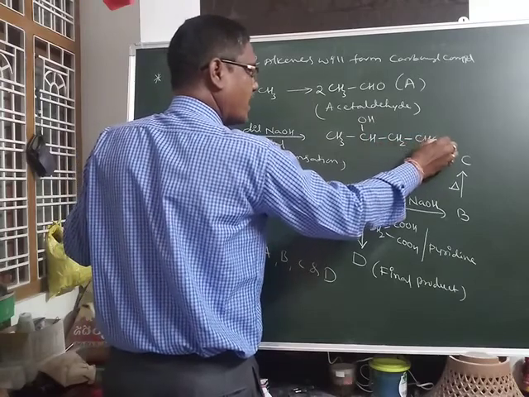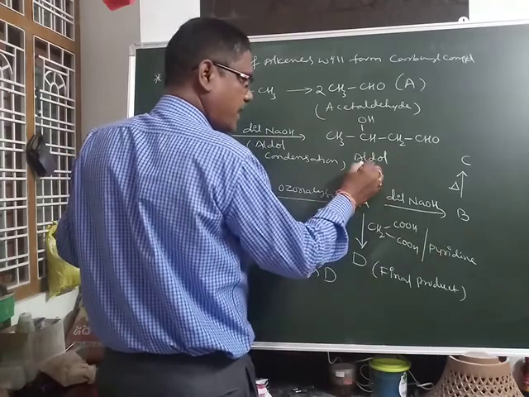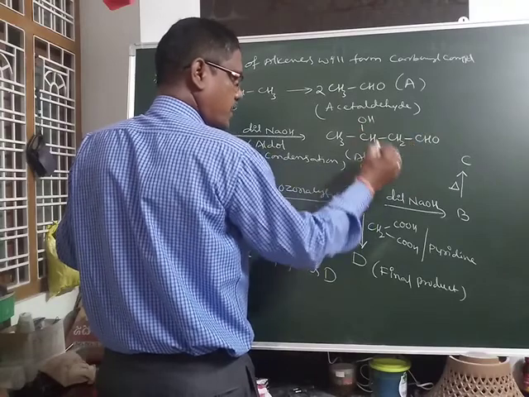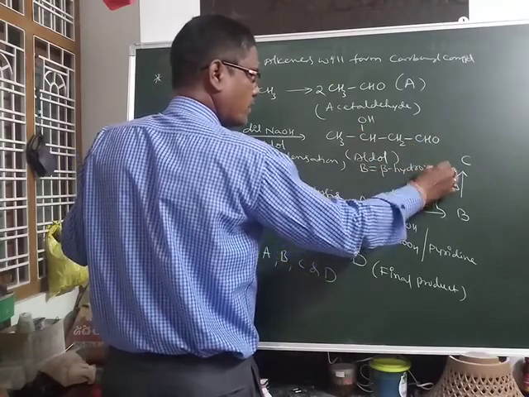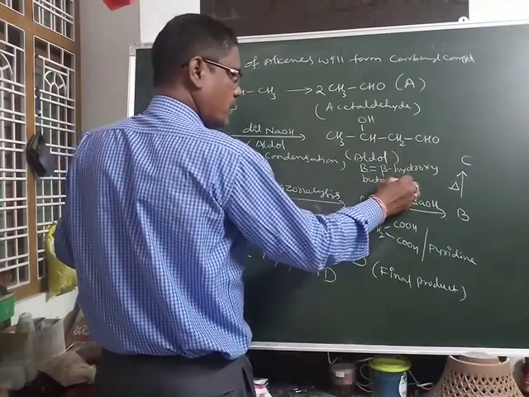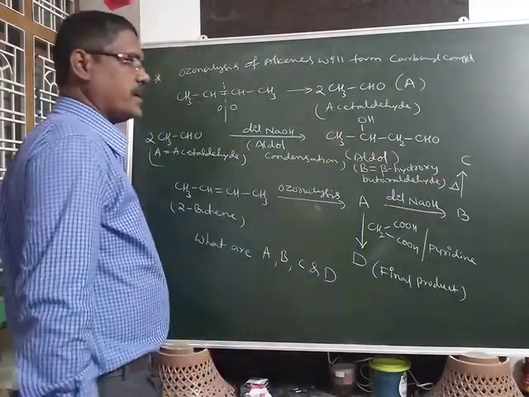So this is called aldol, and aldol is B. Its name is beta hydroxybutyraldehyde.